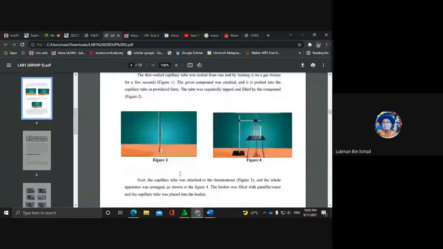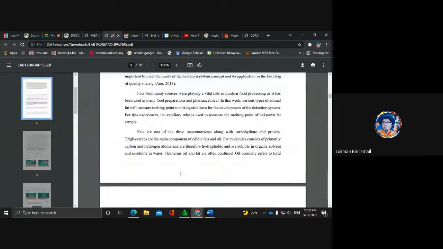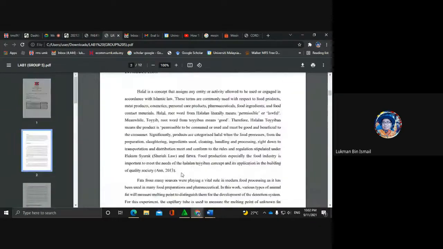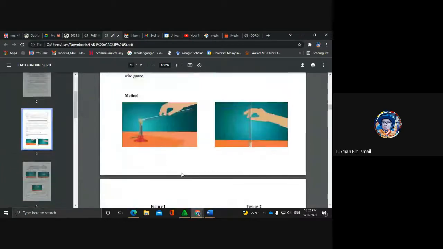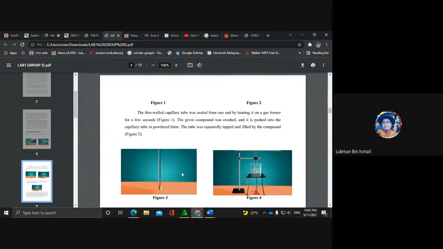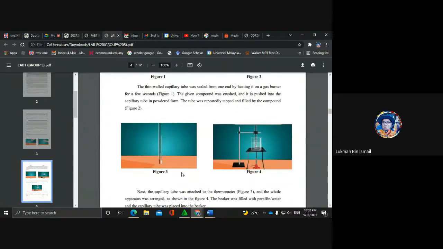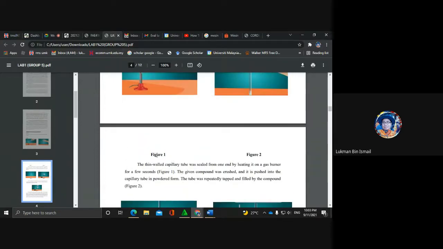Organization of the report. So yeah, tak ada paragraph on the methodology. You don't have figure 1, figure 2, but no explanation. No, you must have a subtitle for the figure.